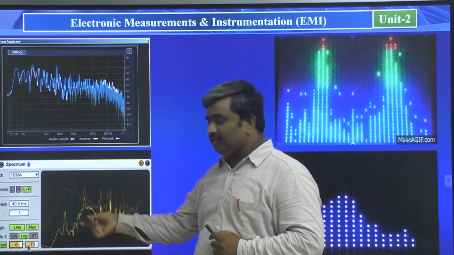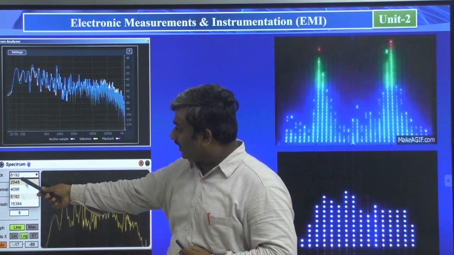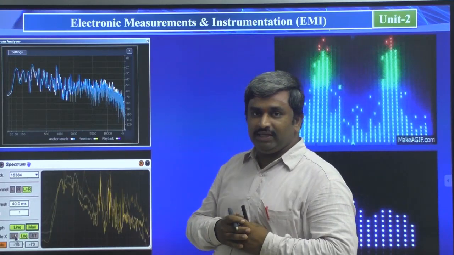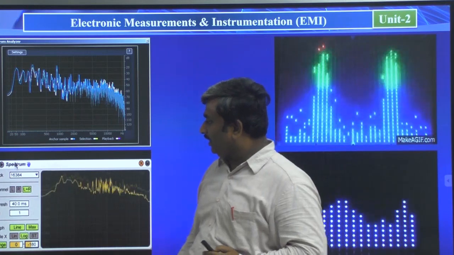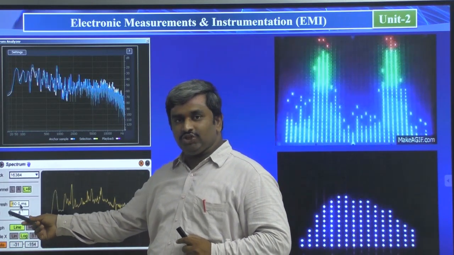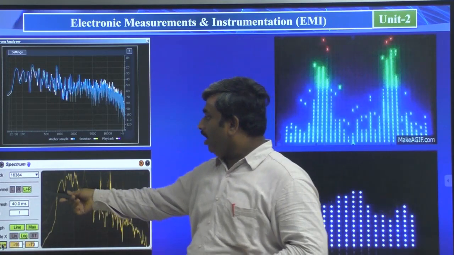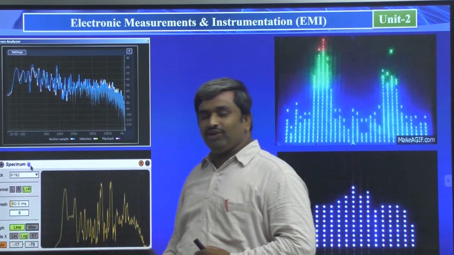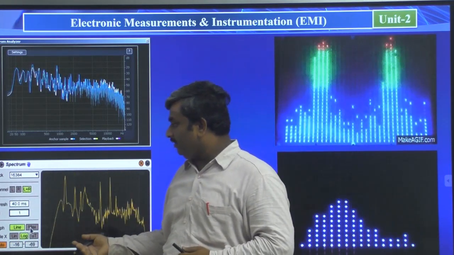And see here, you can select the frequency range you want to see, and whichever frequency ranges you want to block, you can block here. In the left side channel, the right side channel, or both channels, we have options to vary what you see, and you can refresh the signals every 50 milliseconds or every 40 milliseconds.